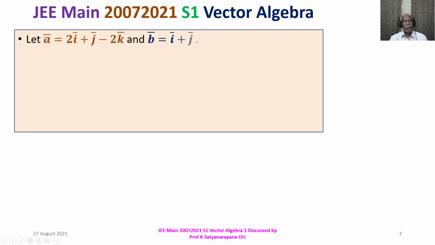let A bar be a vector given by 2i plus j minus 2k and B bar is equal to i plus j.